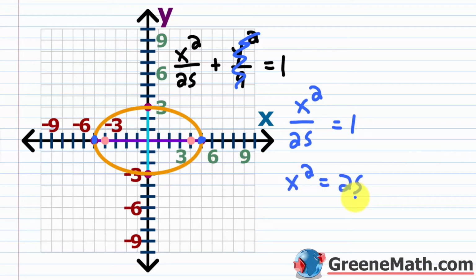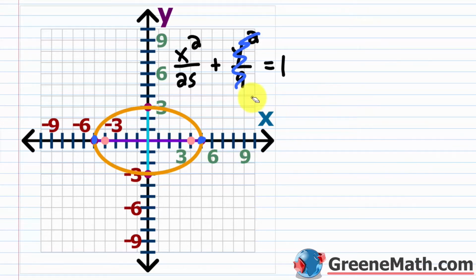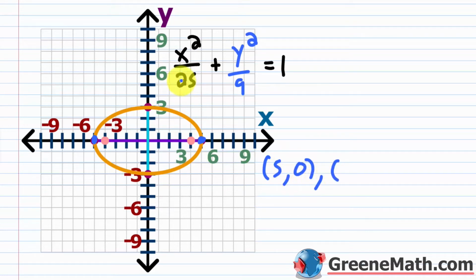Now I solve this with the square root property, with the positive square root of 25 and the negative square root of 25, so that's 5 and negative 5. So let me erase this real quick. For my x-intercepts, I take the square root of 25, which is 5, comma, y is 0. And then I take the negative square root of 25, which is negative 5, comma 0.